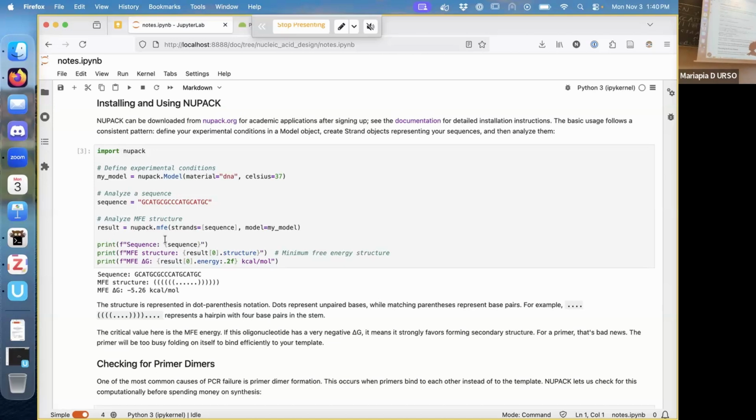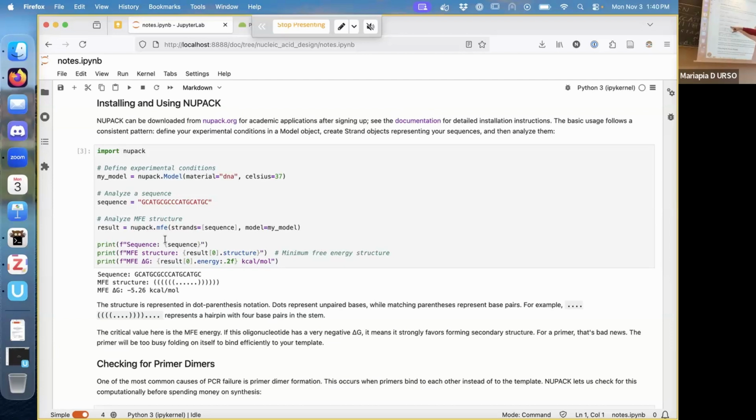So every conformation of your DNA has associated a certain delta in free energy. And the lower this delta is, the more likely it is to form. We'll come to that in a second, how to calculate these. But it assigns to every structure an energy, and the minimum one is the one that's most likely.